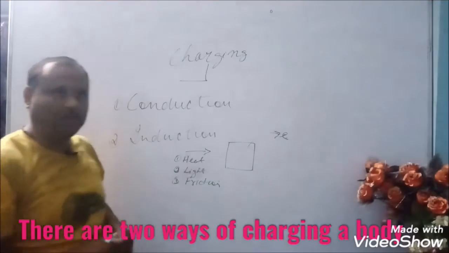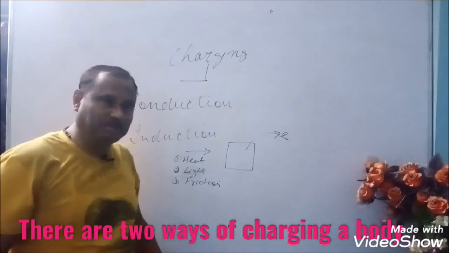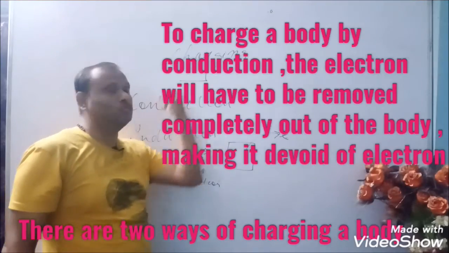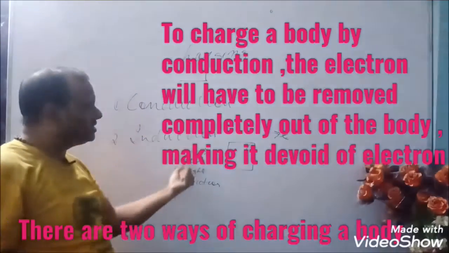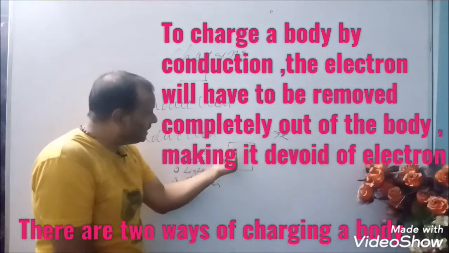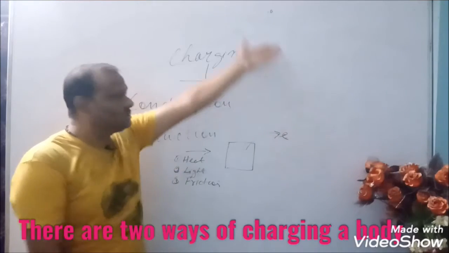This process, either heat, light or friction, we call conduction. To have conduction, the electron must totally move out of the body. There should be a transfer of electron from one body to another. Now the electron has moved out from this body, but where has it gone? It has gone into the universe.